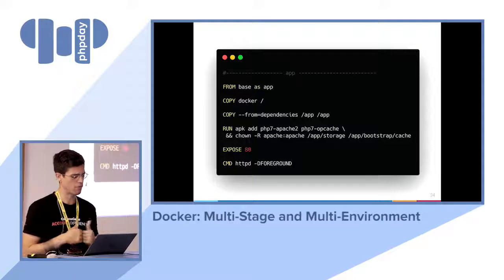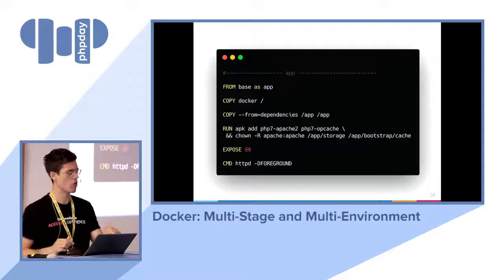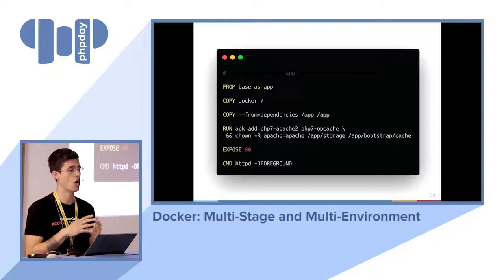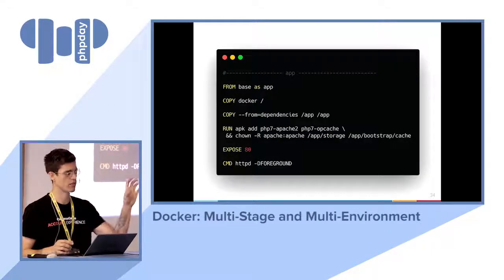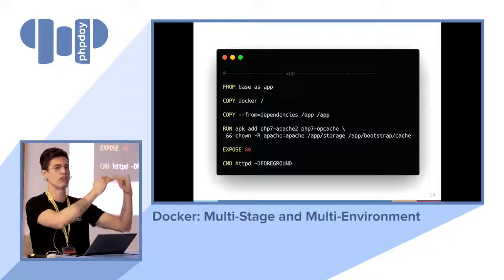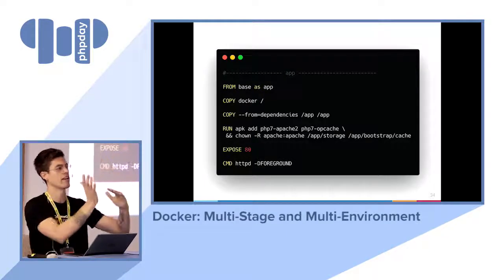And then the final application. We are installing Apache, and I didn't mention this COPY docker/. This is the technique that we use to copy configuration files. I always create one folder called docker, and I put the configuration files in the same structure as the Linux directory.